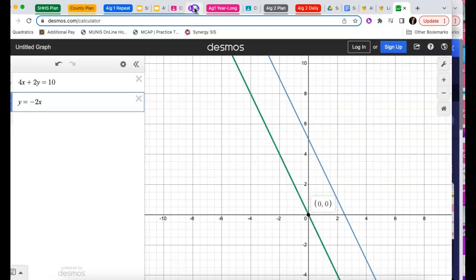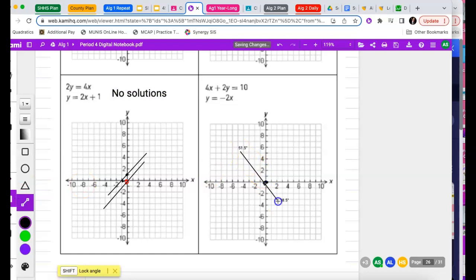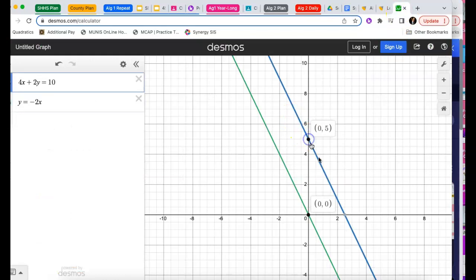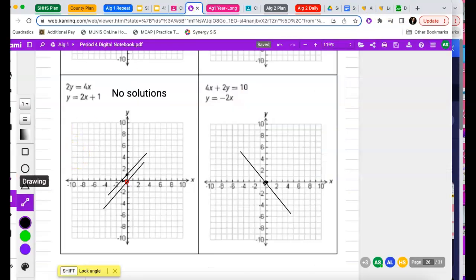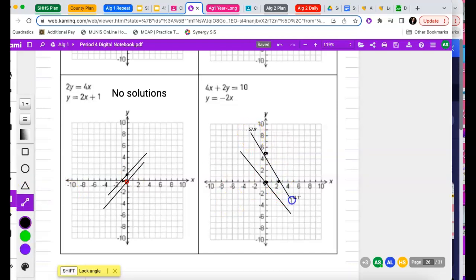So we'll just draw our lines, the first one going through 0, 0. And the second one with a y-intercept at 5 and an x-intercept at 2.5. Draw my second line.